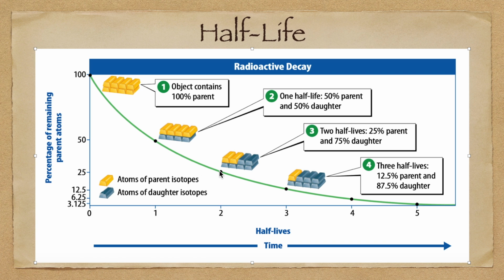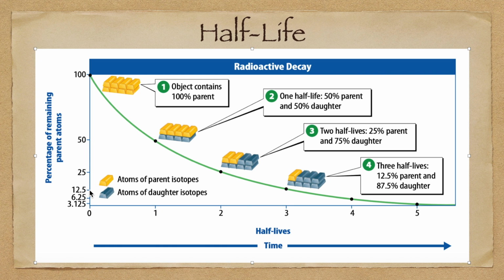Another 5,730 years, after two half-lives, you have half of the half, which is 1/4 or 25% of the original material. After another half-life of 5,730 years, you have half of the half of the half. Half of 25 is 12.5.